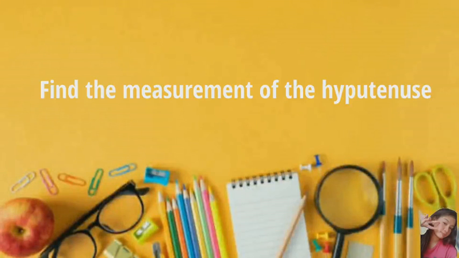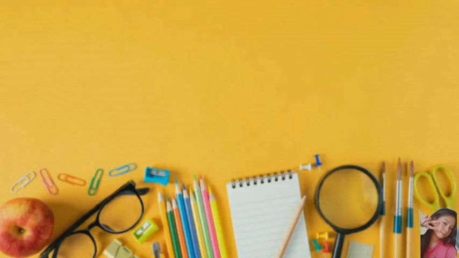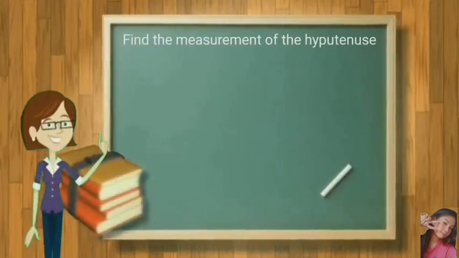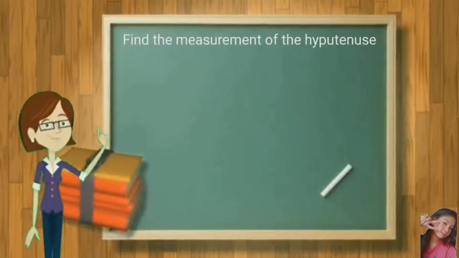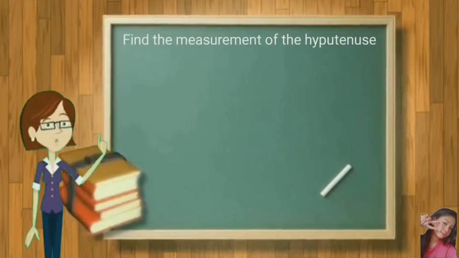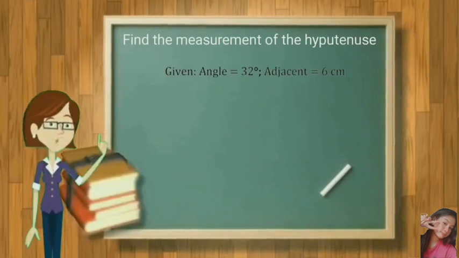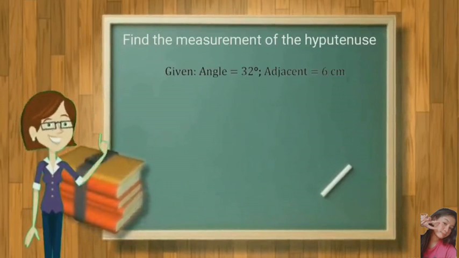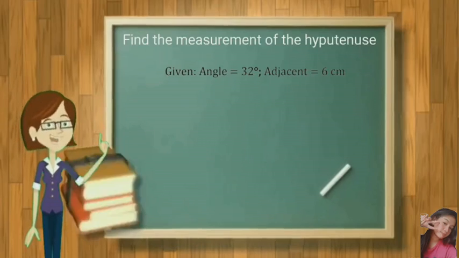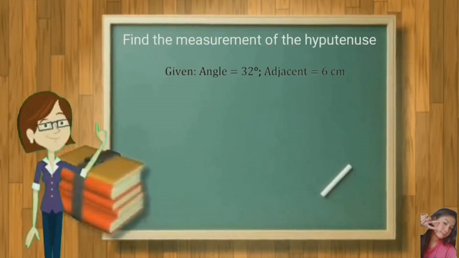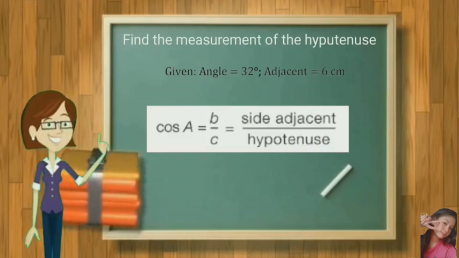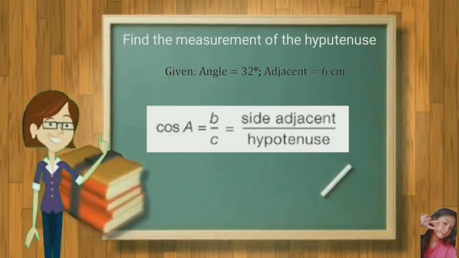So here's the second question. From the problem above, find the measurement of the hypotenuse. In this problem, we need to determine the length of the hypotenuse, which is the y unit. Given the value of the adjacent, which is 6 centimeters, and the angle of 32 degrees, we will use the cosine function to determine the value of y.